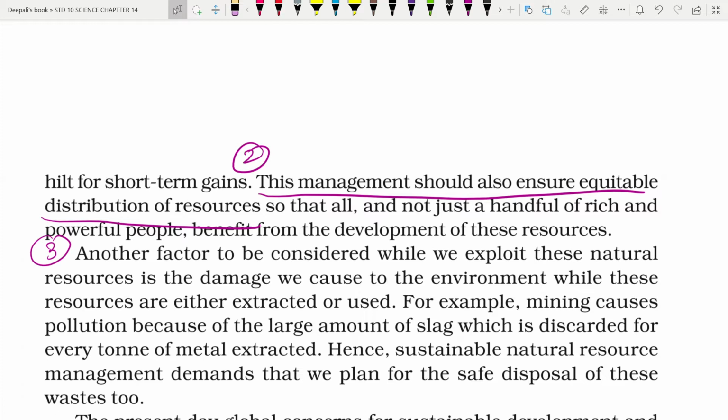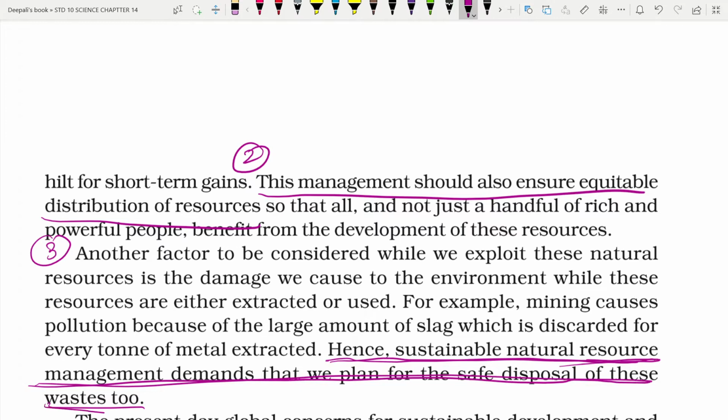Hence, sustainable natural resource management demands that we plan for a safe disposal of these wastes too. So, the damage which we are causing to the environment has to be covered up by managing these resources in such a way that we do not cause harm to the environment or cause imbalance in the environment.